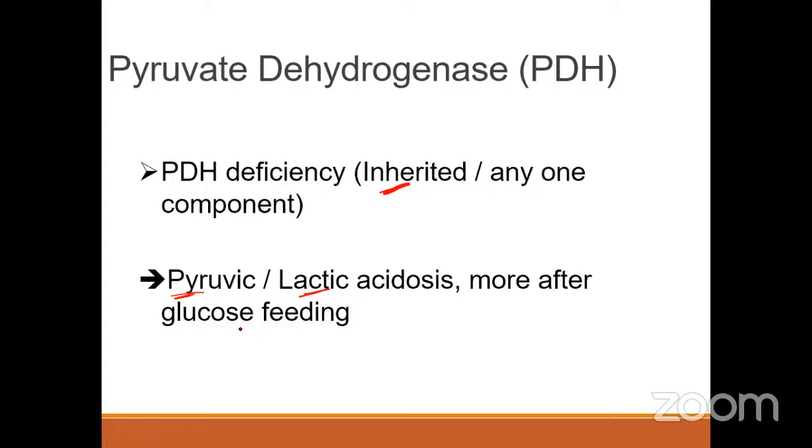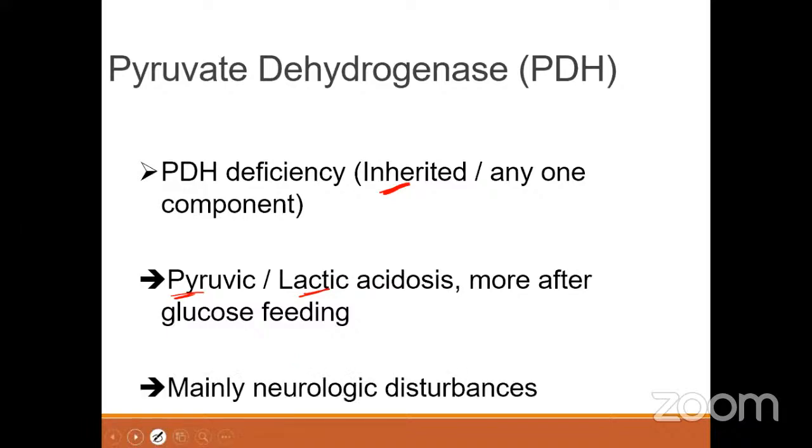When there is a high carbohydrate diet, glycolysis will be triggered and pyruvate will be formed, and that pyruvate will be blocked at the pyruvate dehydrogenase reaction and will be present in high amount. Some of it will be converted to lactate. So both pyruvate and lactate will be high in the blood.